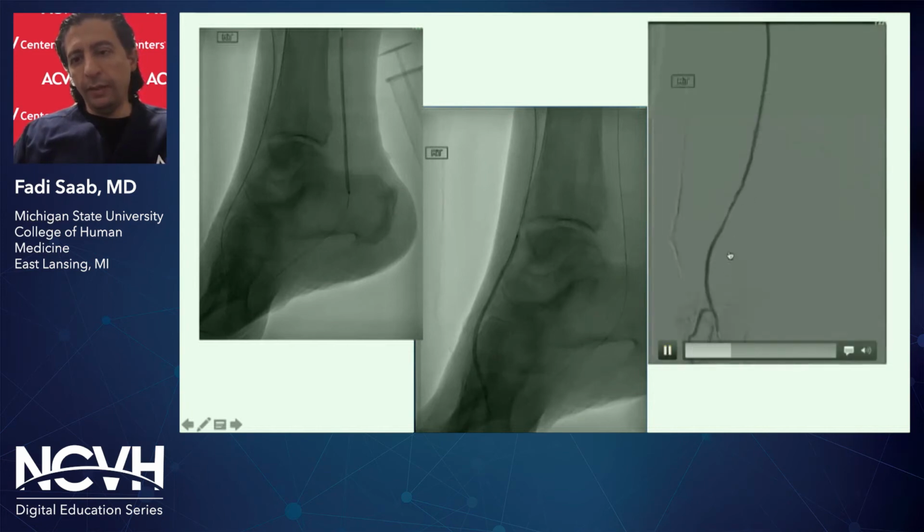And you can actually see some competitive flow because there is some flow through the peroneal artery, but we clearly treated the dorsalis pedis artery here. There is some recoil at the dorsalis pedis artery area here, but we were able to treat the pedal loop.